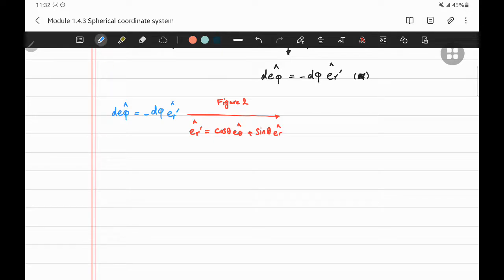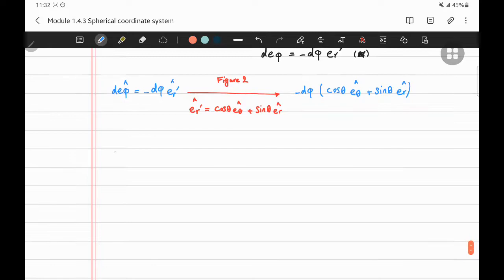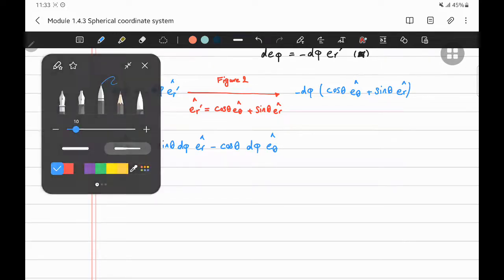Great. So we have minus d phi times cosine theta e theta plus sine theta er in here. And then we have d e phi is equal to minus sine theta d phi er minus cosine theta d phi e theta. And this is the expression that we need in here.